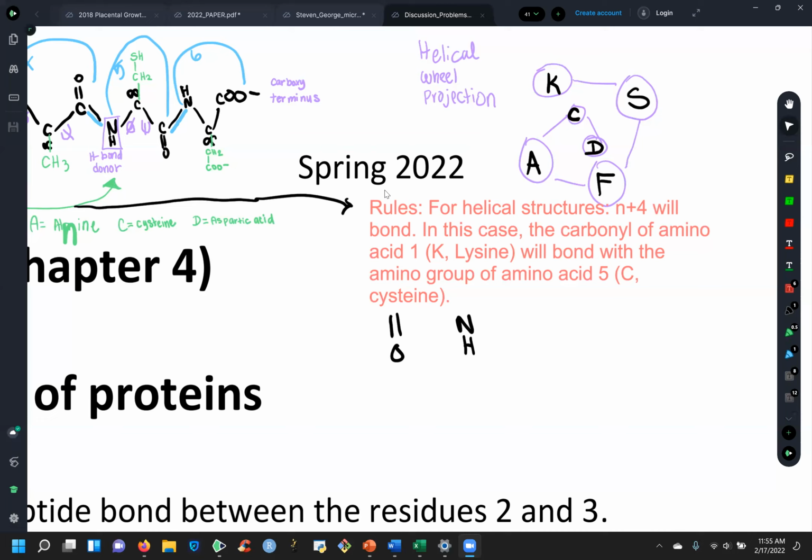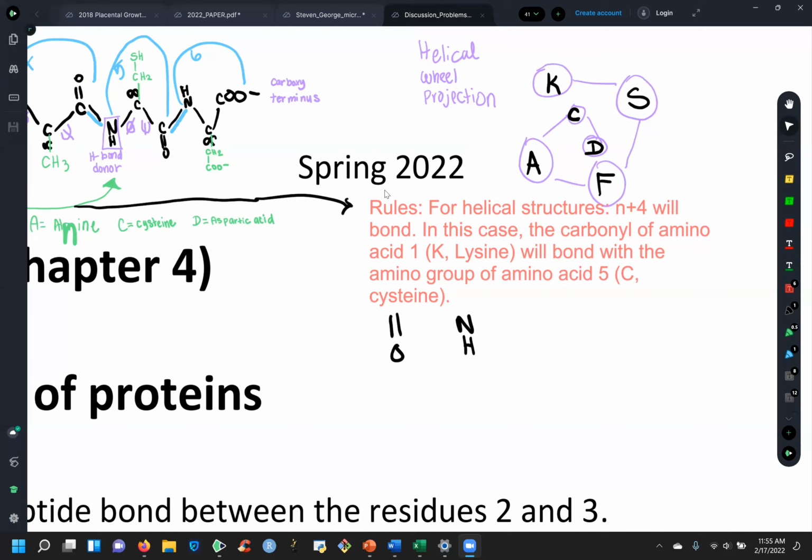So n plus 4 is bond. So you go to your first one and then you count 4. So 1, 2, 3, 4. So this first one and this fourth one are gonna bond.